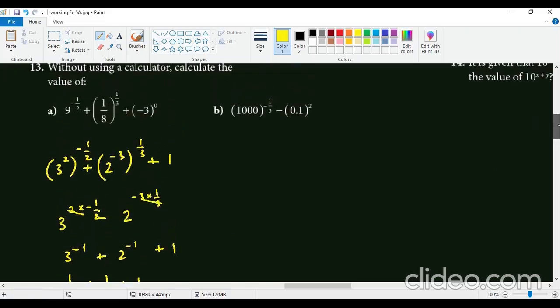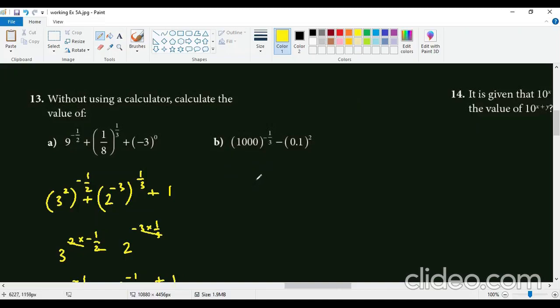So it's going to be 1 whole 5 over 6 as your answer. Moving on to the next part of the question, I can say this is 0.001, or the other way around, I can say that this is 10 to the power 3 multiplied by 1 over 3, and 0.1 squared, and that means 3 times 1 over 3, and it's a negative, so 10 to the power minus 1 minus 0.01, or I can say it is 1 over 10 squared.